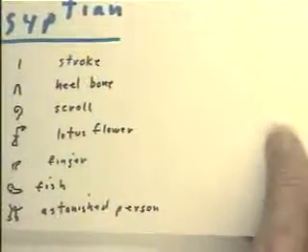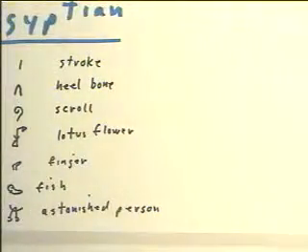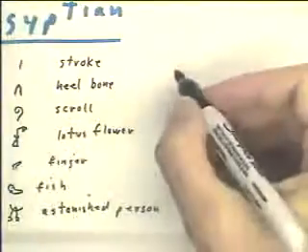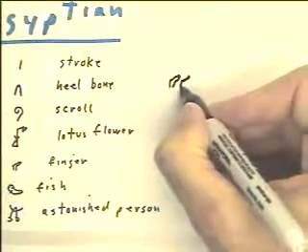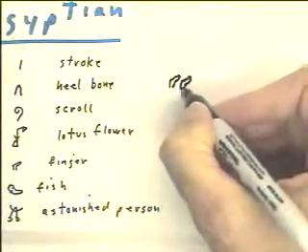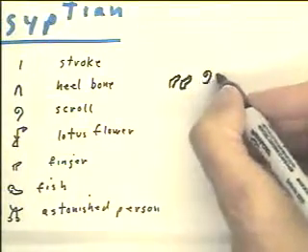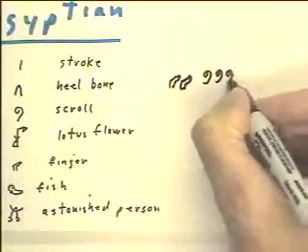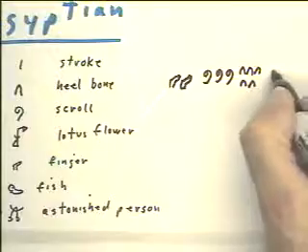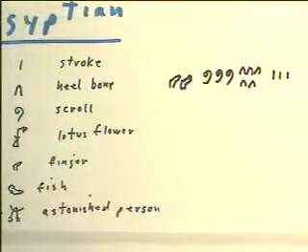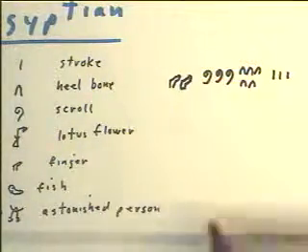Now, if we want to write a number, well, let's say we write a number: 2 pointing fingers and 3 scrolls, 5 heel bones, and 3 tally marks. What number would that represent?